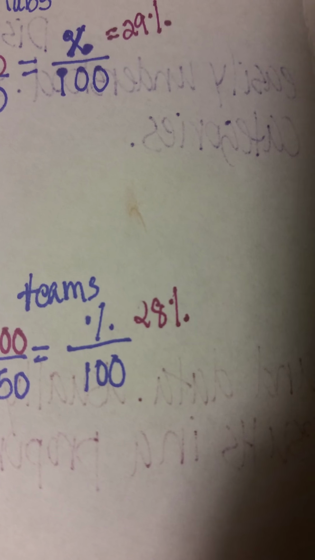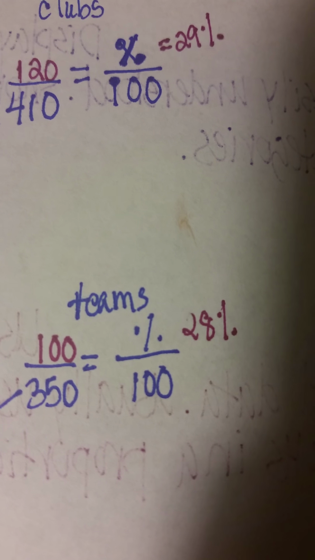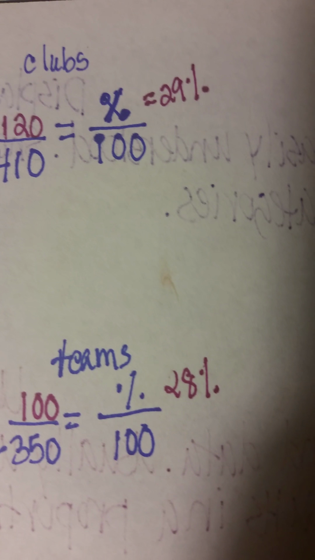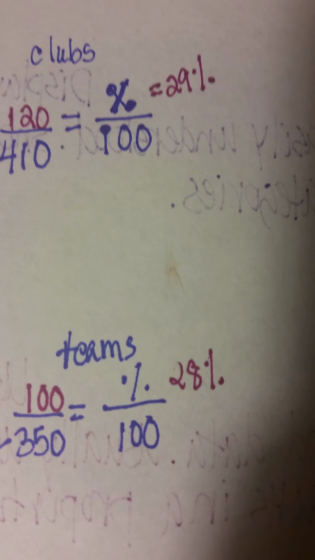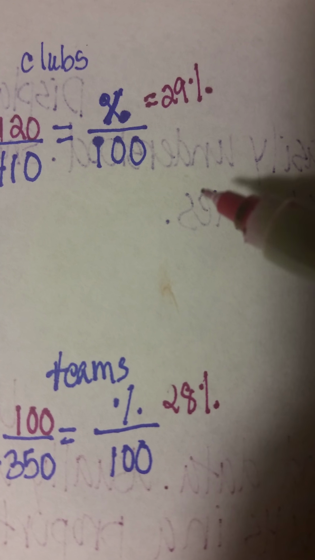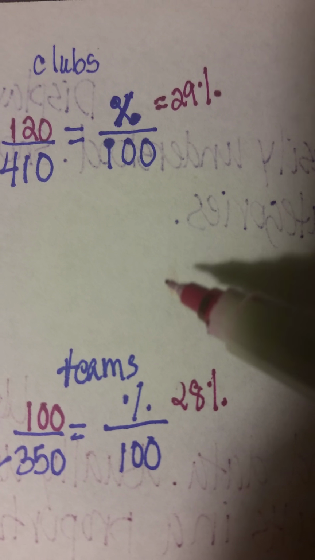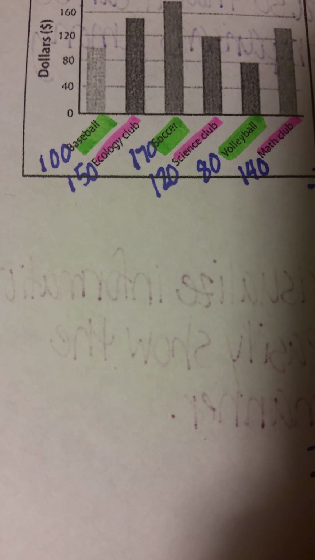Now we want to know which is greater. Since the baseball team collected less than 28% of the team's total, and the science club collected more than 29% of the club's total, the percent collected by the science club is greater. So we're going to write that here, and you can write it in any way you want to.